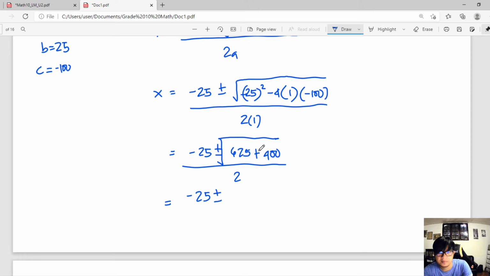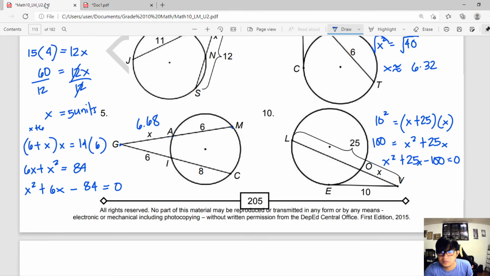Negative 25 squared is 625 din siya. And negative 4 times negative 100 is 400. So that is square root of 1025 over 2. So what is the square root of 1025?